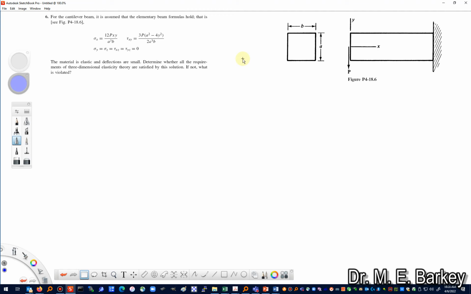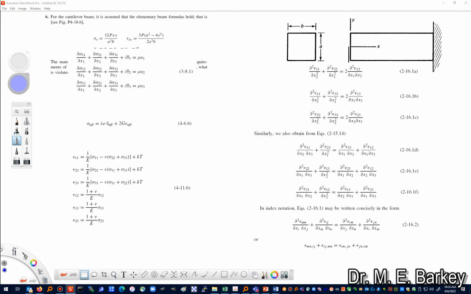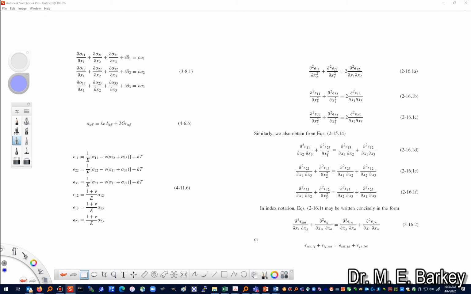All right, well, it says determine whether all the requirements of three-dimensional elasticity theory are satisfied by the solution. If not, what is violated? Well, let's take a look and see what the three-dimensional equations of elasticity are. All right, so we have equilibrium equations, which we can write in this fashion.